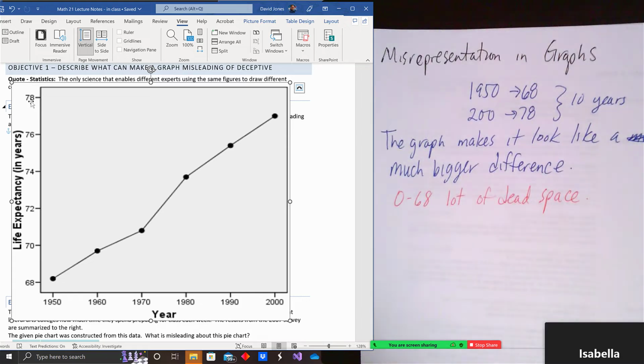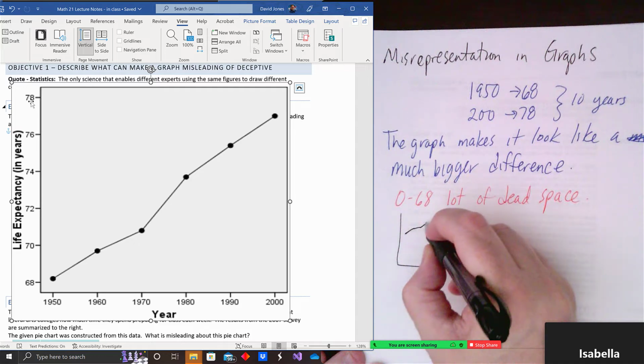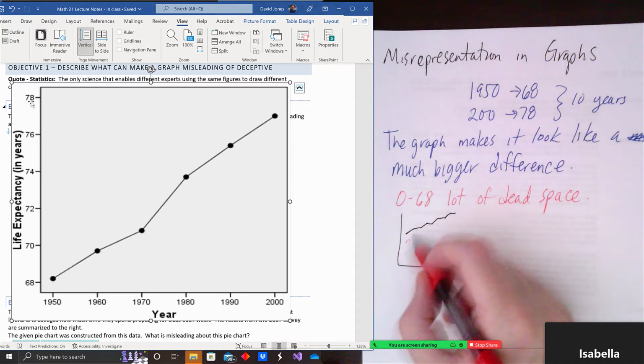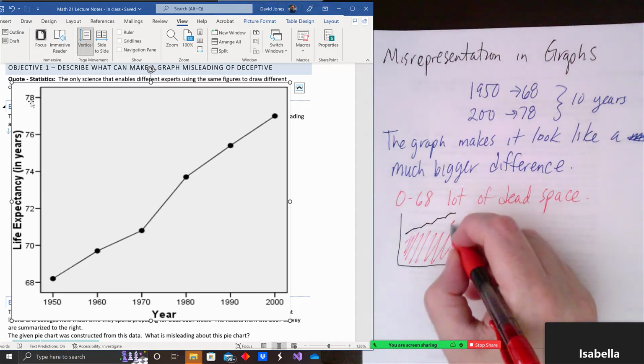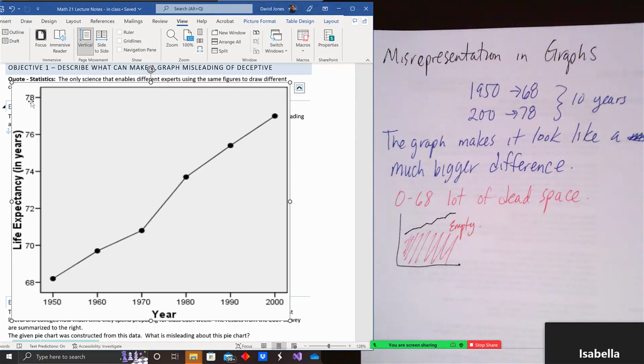I mean, I could graph it like this, but now I'm making this really tall graph, and a lot of it's just empty space here. Empty or dead space. So that's not desirable either.